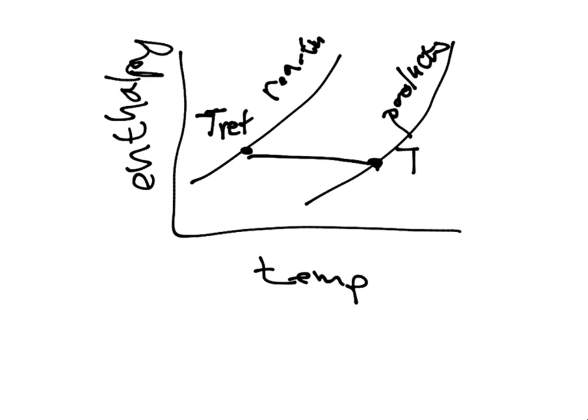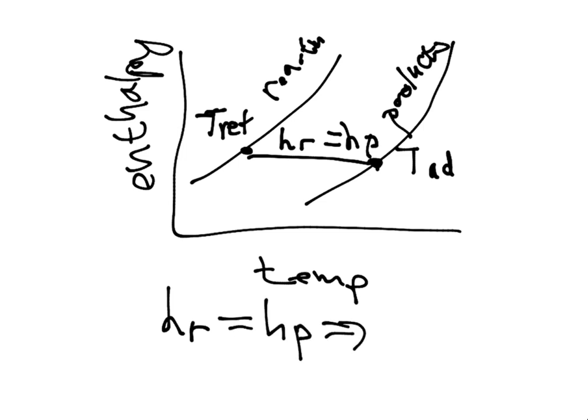And we're going to take it over to the products, which is our T adiabatic, which is what we'll be solving for. So one thing to note is your H of reactants is equal to H of products, which is what we stated prior. So another way we can write this is H_R minus H_P equal to 0.